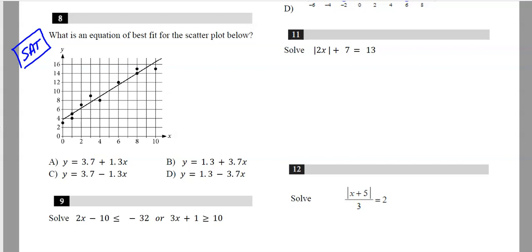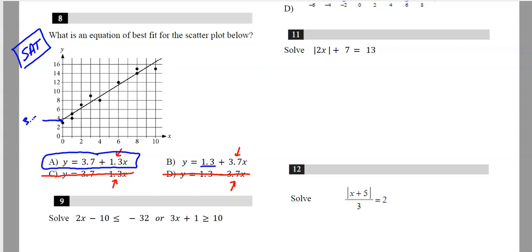Remember, slopes are what's in front of the X. I notice I have some positives and negatives. This line definitely has a positive slope, so I can get rid of the lines with negative slopes. Now I have to double check the y-intercept. The y-intercept is very close to 4, 3 point something. So this looks like a good y-intercept.